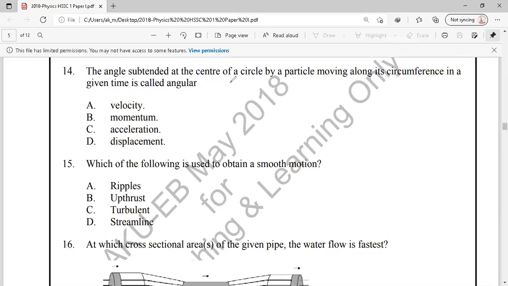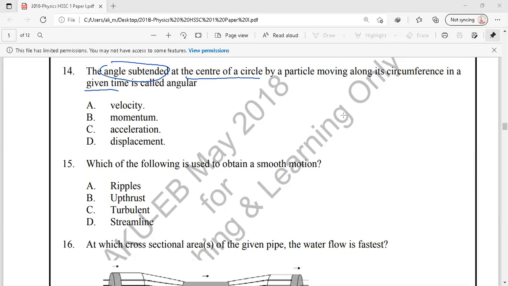Then we have question number 14. The angle subtended at the center of the circle by a particle moving along the circumference of a circle in a given time is known as which quantity?